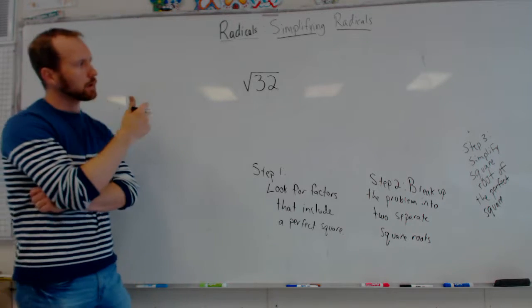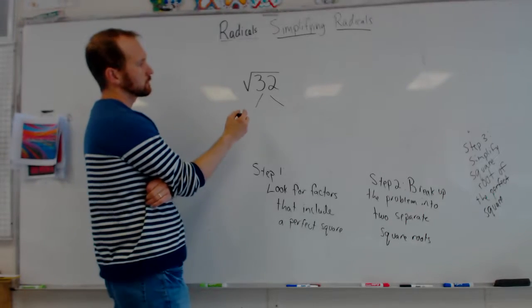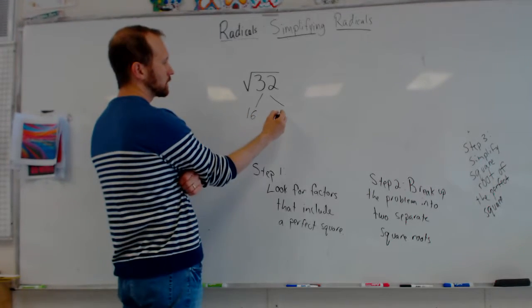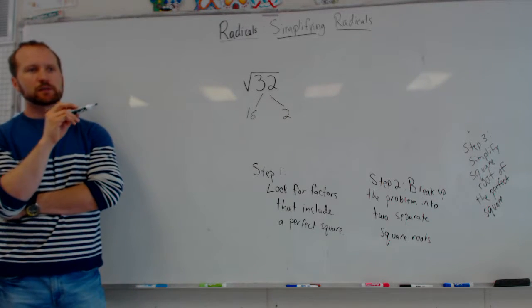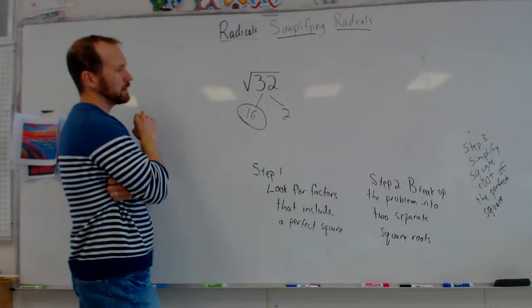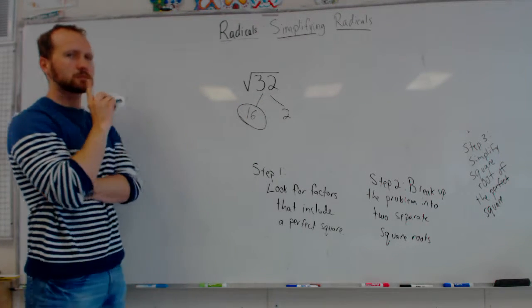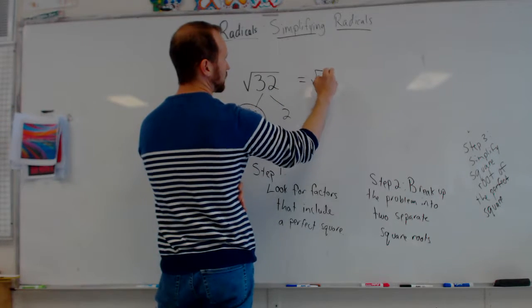What are some factors of 32? 16 and 2. And why are those particularly good factors? Because 4 times 4 is 16. Yeah, 16 is a perfect square. And then we're going to do the square root of 16 times 2.